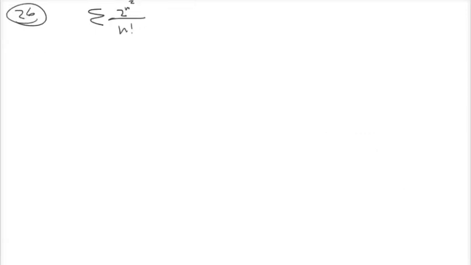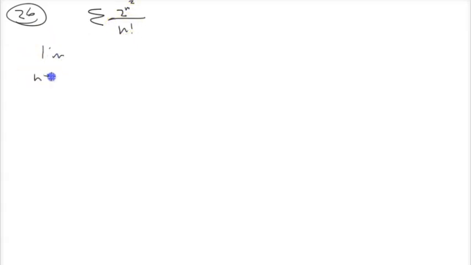Alright, so now we've got the series of 2 to the n squared over n factorial, and we want to find out whether it's conditionally convergent, absolutely convergent, or divergent. And since we've got a factorial here, we should probably be using the ratio test. And it's not alternating, so finding the absolute value, well, we've got it right there.